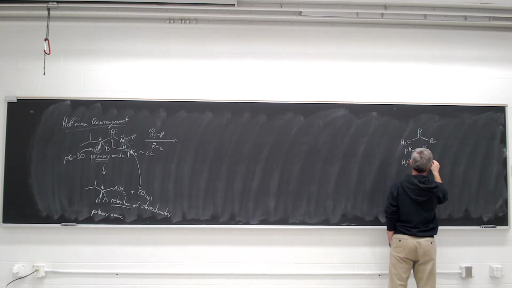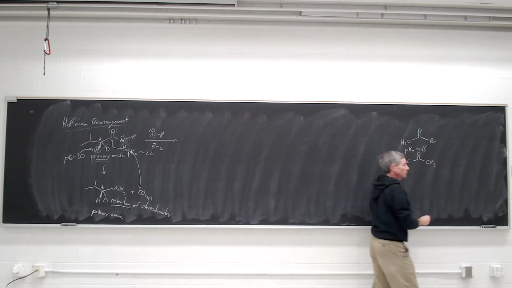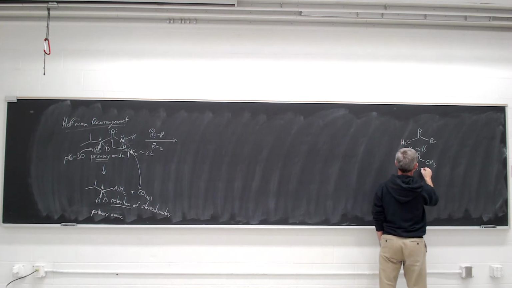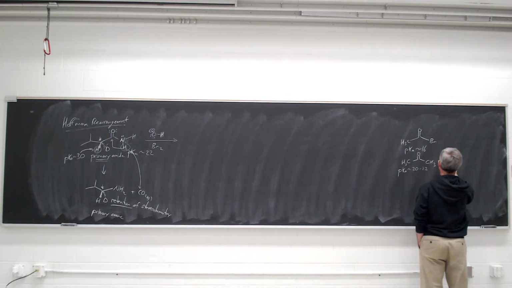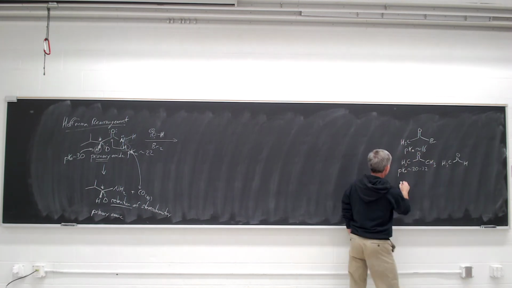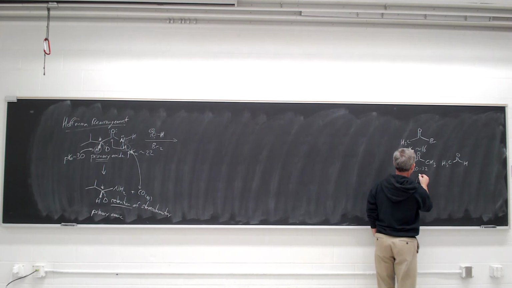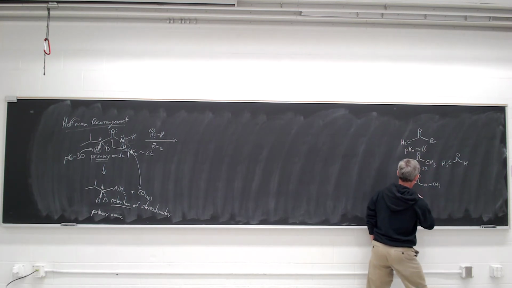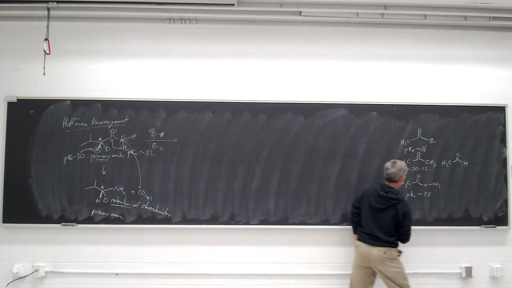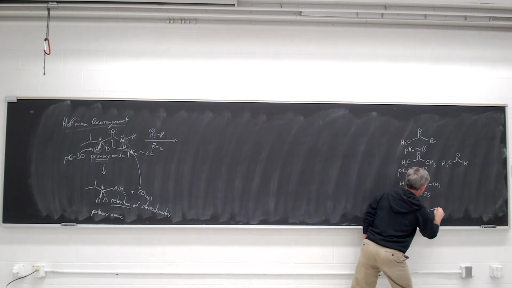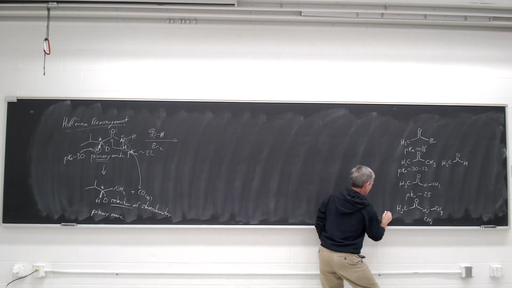The pKa of a ketone, or an aldehyde, is around 20 to 22. The pKa of the ester is around 25. And the pKa of the amide is around 30.